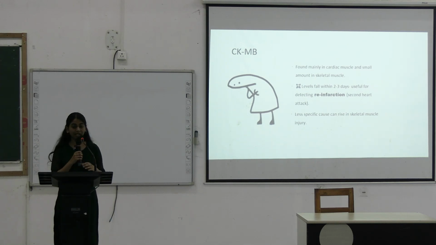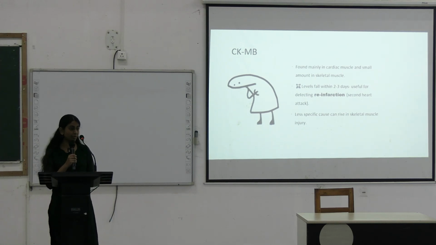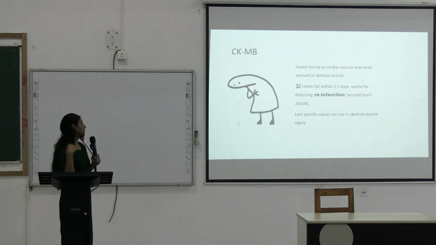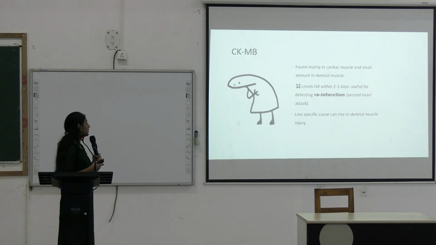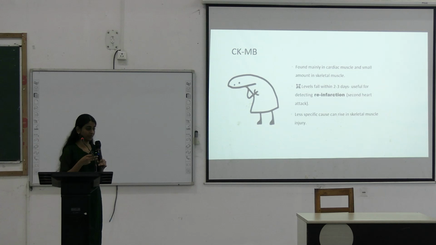Then we have CKMB. CKMB is found in cardiac muscles, and a small amount of it is also observed in skeletal muscles. It also helps in diagnosing reinfarction, as all the other cardiac markers stay elevated for a pretty long period of time.